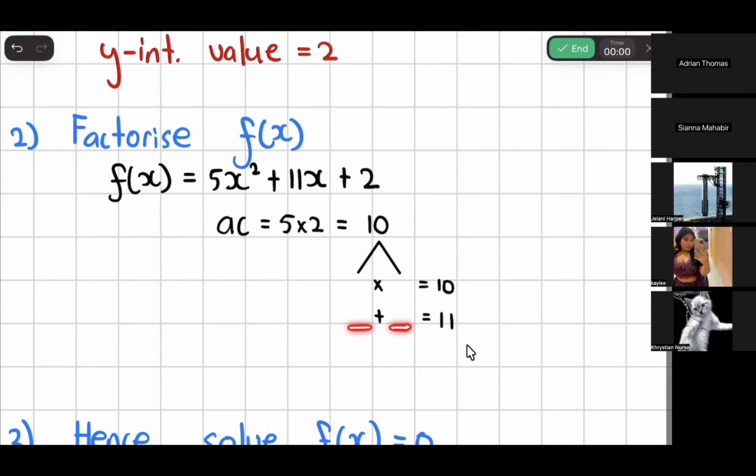Sir, 7 and 5? Okay, 7 and 5 wouldn't. 7 and 4, sir. Wait, 7 by 4 is 28, sir. Can't use that. So we can't use 7 and 4. We can't use 5 and 6. Keep going.